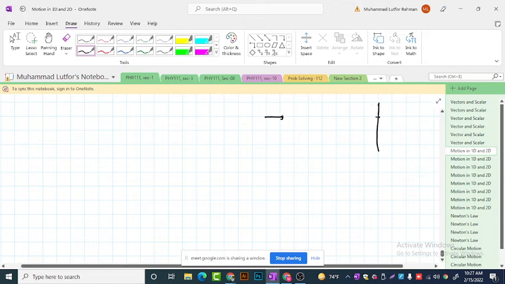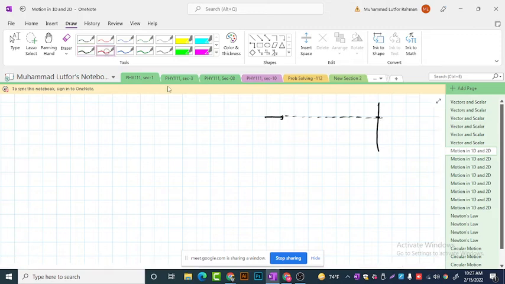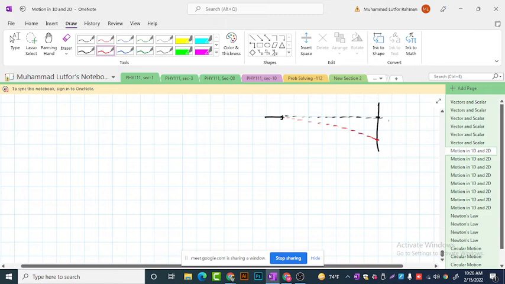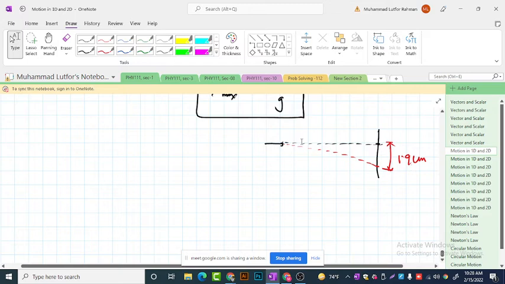This is your target point, but unfortunately your dart is stuck below it, say 1.9 centimeter below your target point. They give us only one piece of information, which is that the distance from that point to that point is 30 meter.